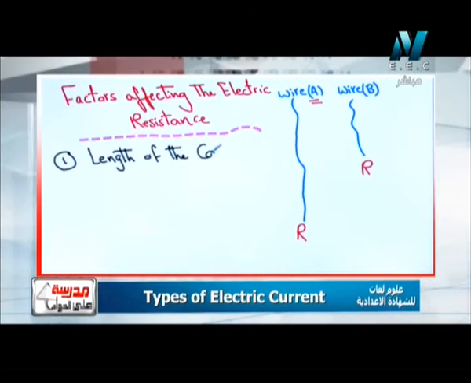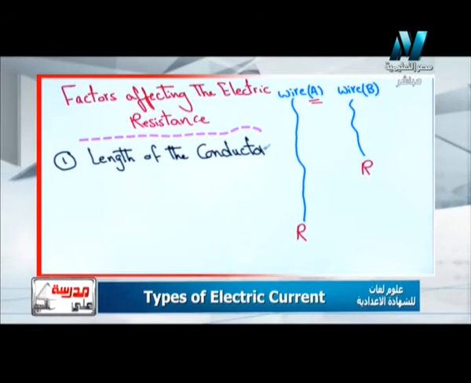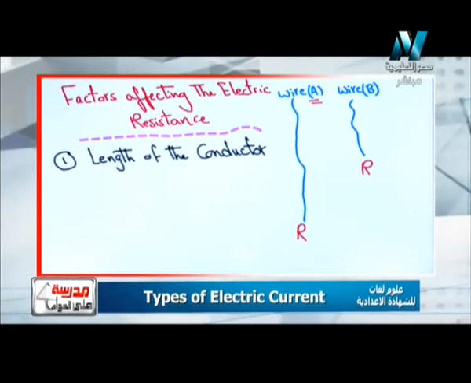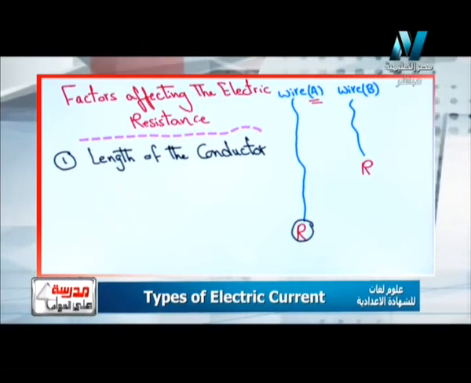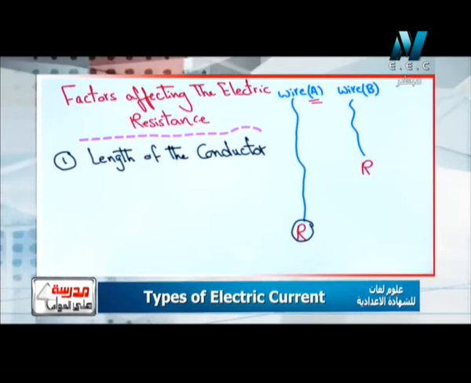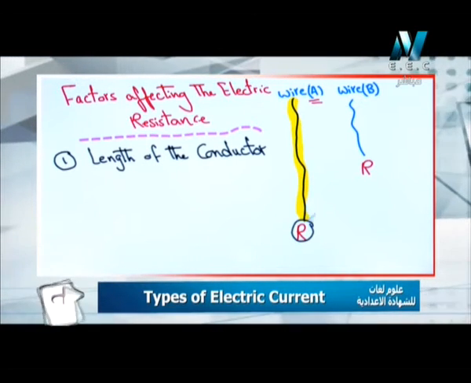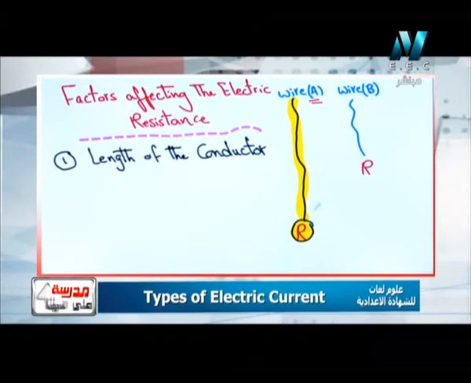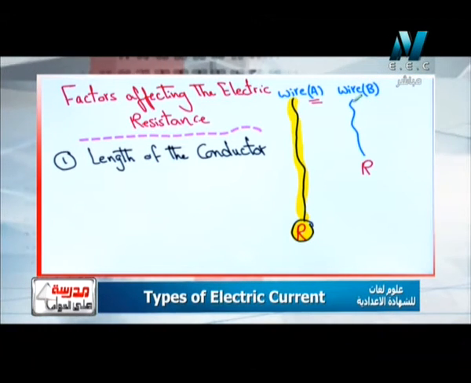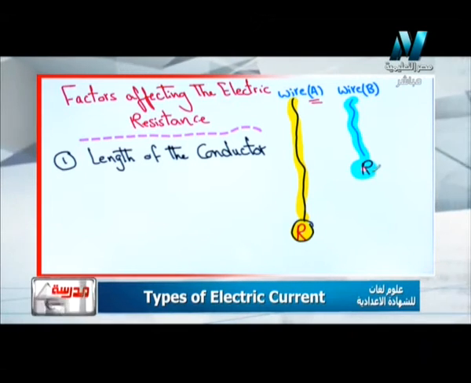What is the relation between R and wire length? If the length of the wire increases, the electric resistance increases also, and if the length of the wire decreases, the electric resistance will decrease also.